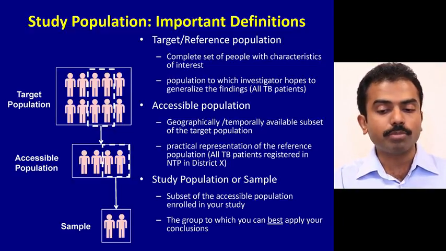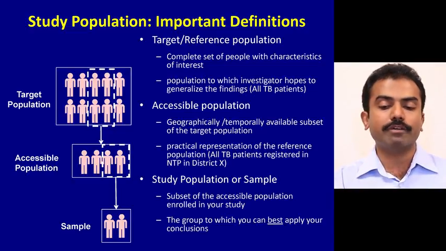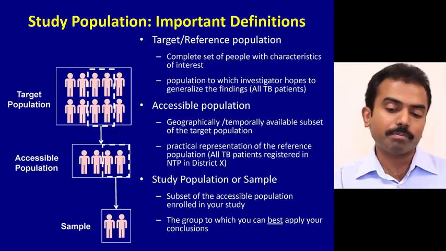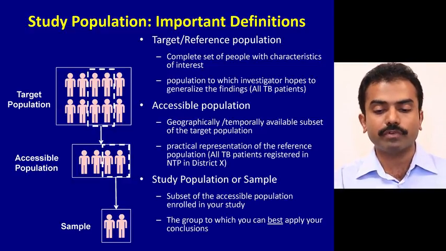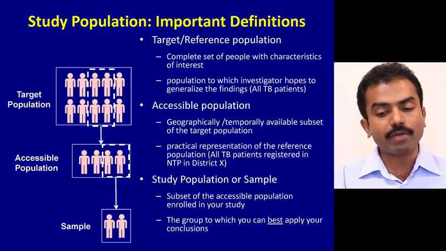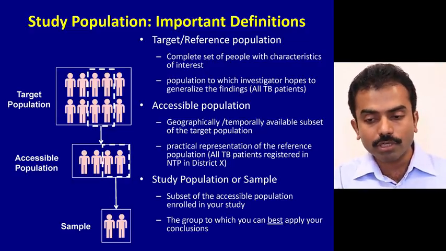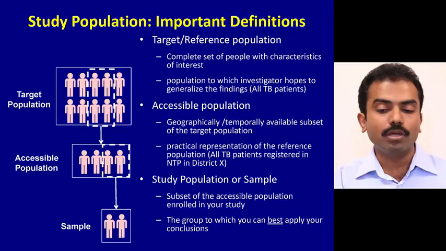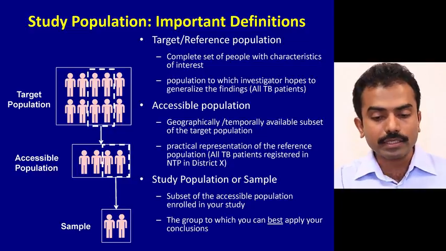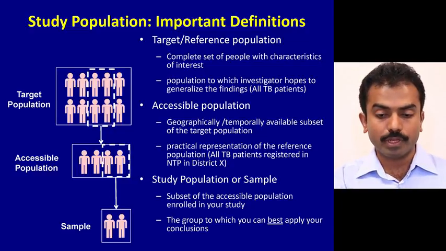So the accessible population is a geographically or temporally available subset of the reference population. It is sort of a practical representation of the reference population. Maybe we have access to TB patients in India or in a particular province in India. So all TB patients registered under the National TB Program in a district X, that is the accessible population.